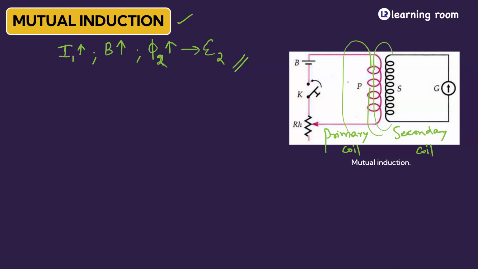Whereas here, it is going to be the reverse scenario, right? The current increasing will create a magnetic field. The magnetic flux associated with the second coil is also going to change, due to which there is an EMF induced in the second coil. So observe, EMF is induced in the second coil due to the change of current in the first coil. That is why this is called as mutual induction.